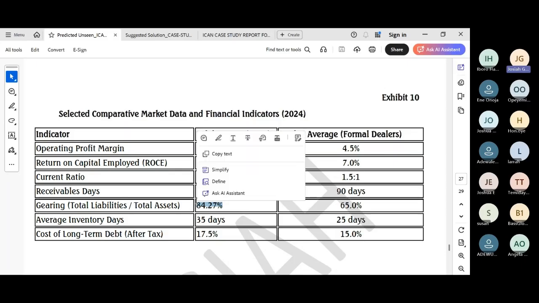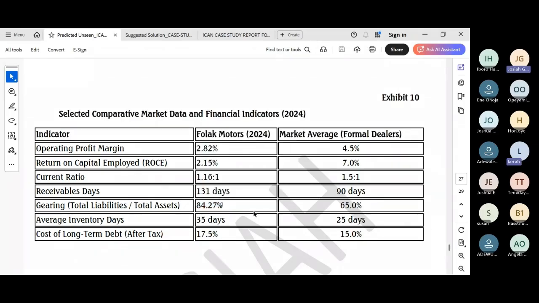It's just a prediction from the unseen that we used to speak to those numbers. Can you see my screen? Yes, sir, I can see it. So see it, 84 to 65. This selective comparative market data and financial indices for 2024 was what was provided in the unseen. It's provided. That's just what I wanted to clarify. Yes, it's provided. Thank you so much, sir. You're welcome.